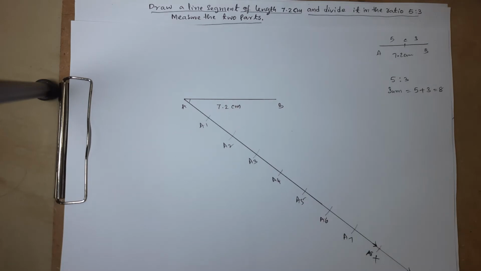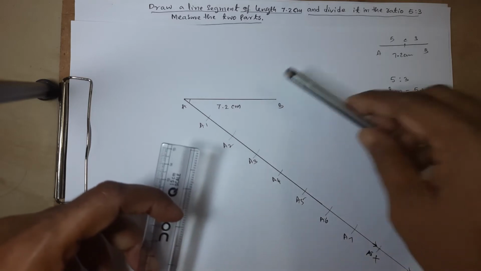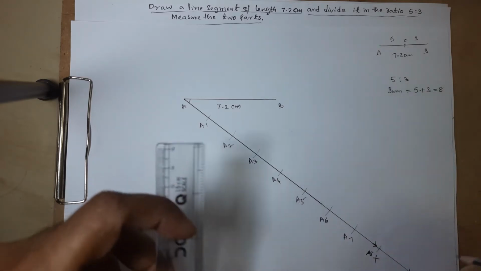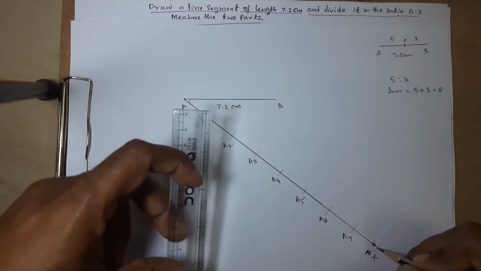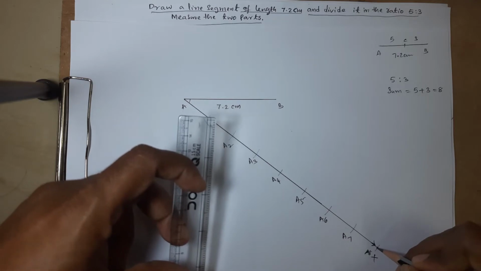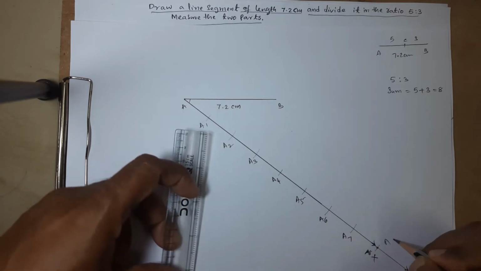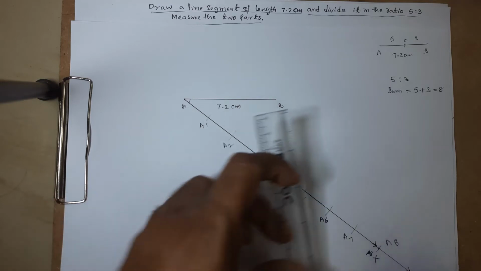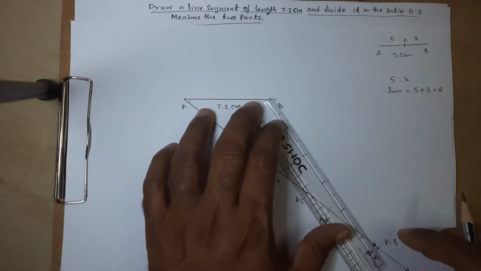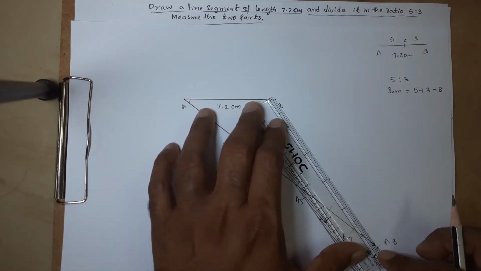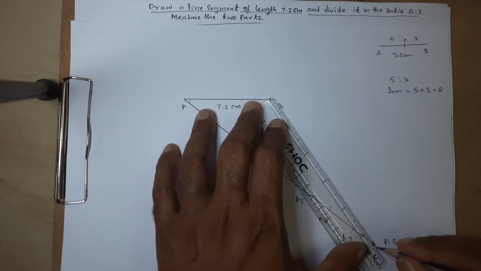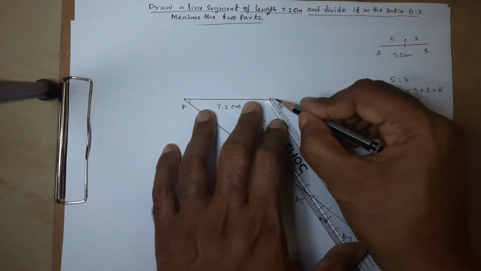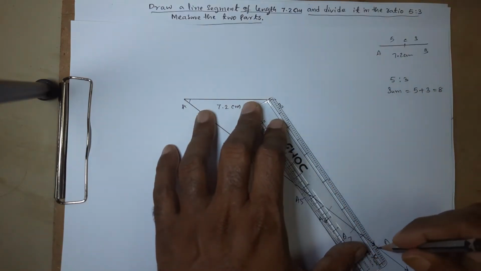Okay, the next step is, now join this B and A8, using this ruler or scale.